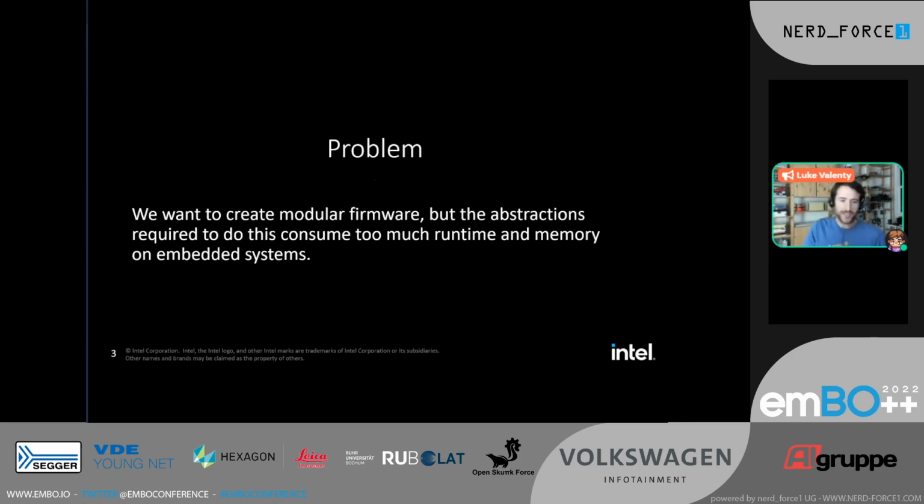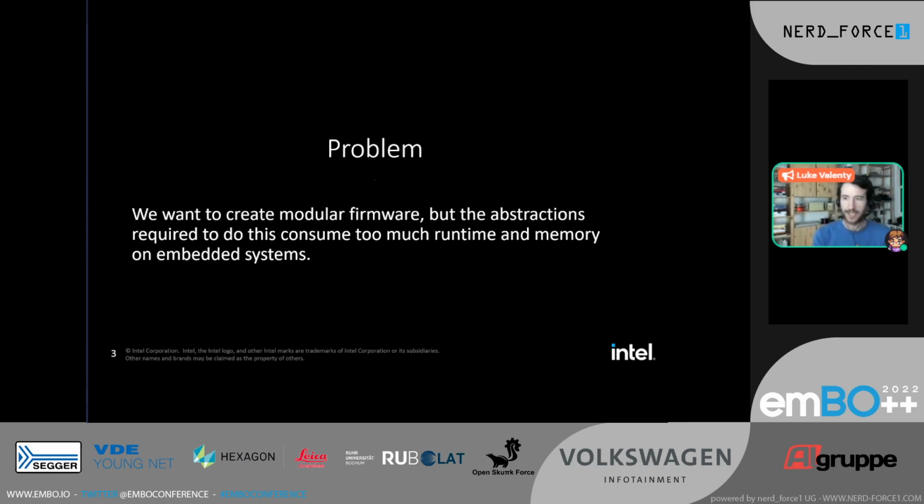So what's the problem that we want to solve with this constexpr init build pattern? Well, it would be great if we could build nice modular firmware. But the abstractions that are required to do this can consume too much runtime and memory on embedded systems.